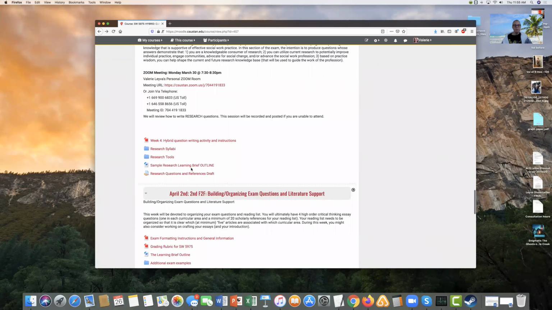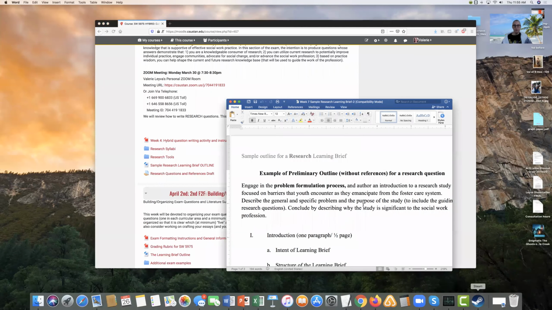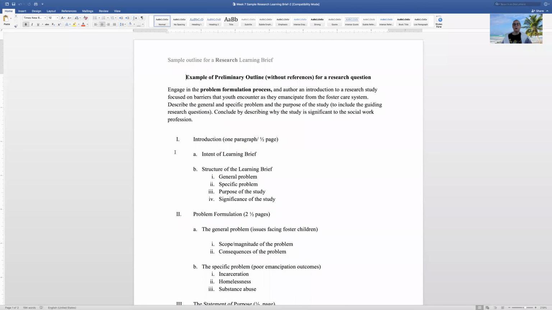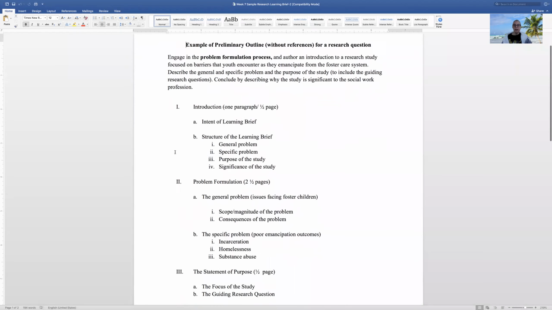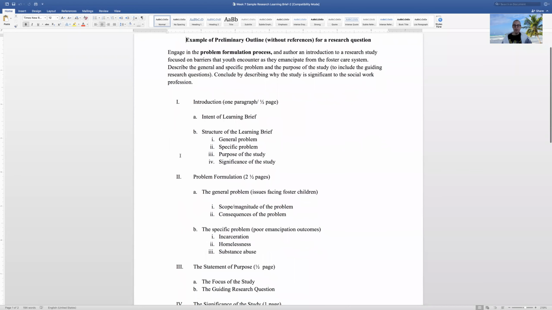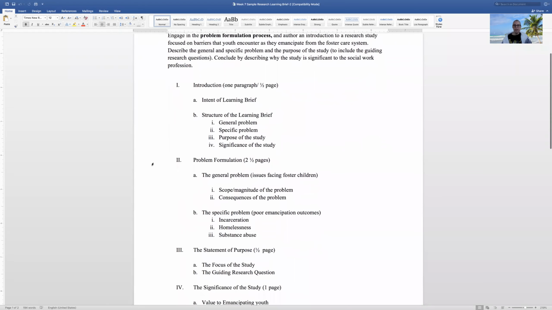This is a sample research learning brief outline. And here, Dr. Garcia, and I'm going to open this doc now, Dr. Garcia wrote an outline for how to use the chapter 1 of a thesis for writing your essay answer. So here he's outlined how much information you should have in your 5 pages.